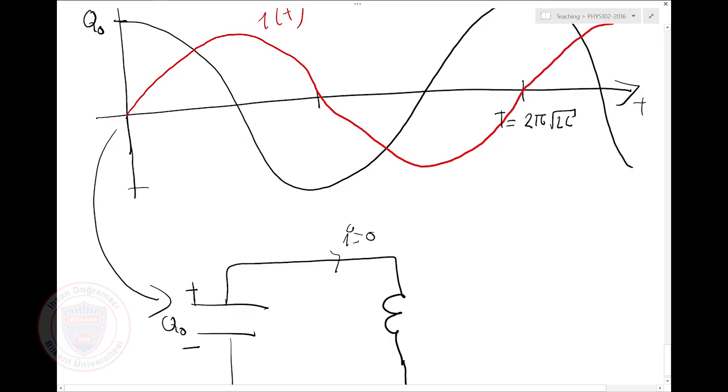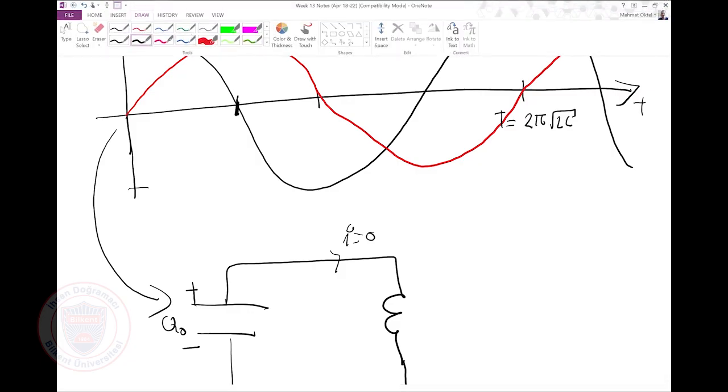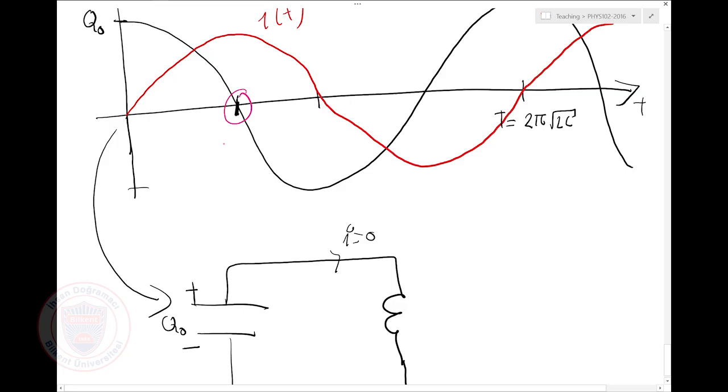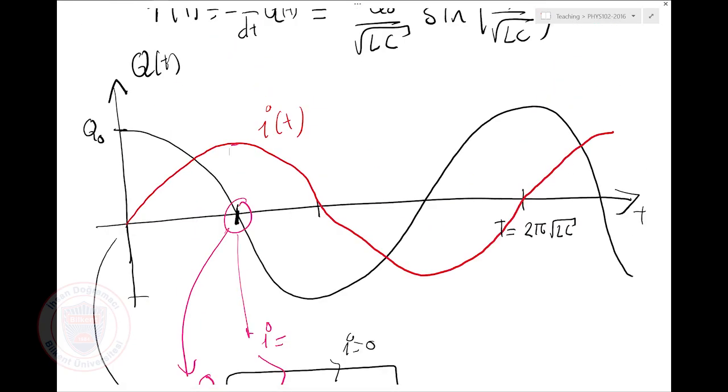All my energy is stored in the capacitor. If I wait a quarter of a cycle, at this point, what's the charge on the capacitor? Charge on the capacitor is 0. How about the current though? Current is at its maximum value, which is apparently Q0 divided by square root of LC.